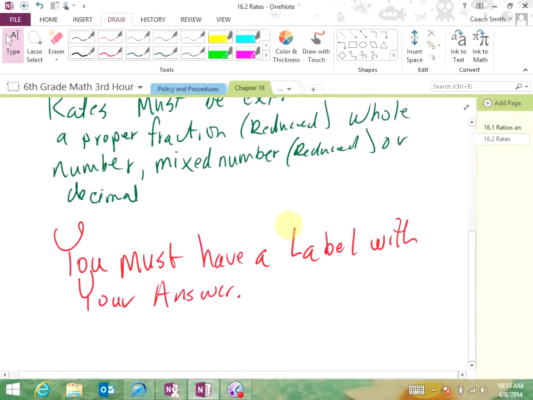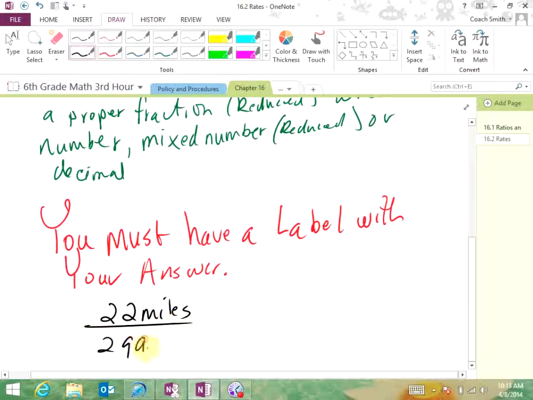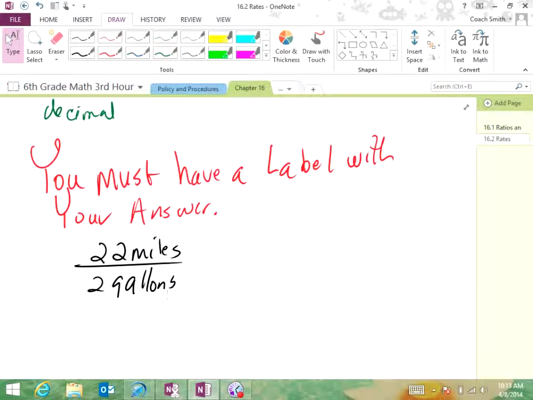So let's go back to that one I just listed a while ago, 22 miles over 2 gallons. 22 miles over 2 gallons can be reduced. What can I reduce 22 over 2 by? Zach? What number are you reducing it by?